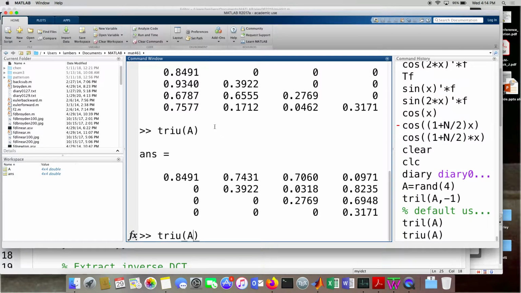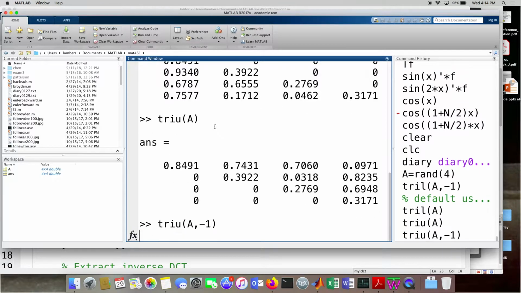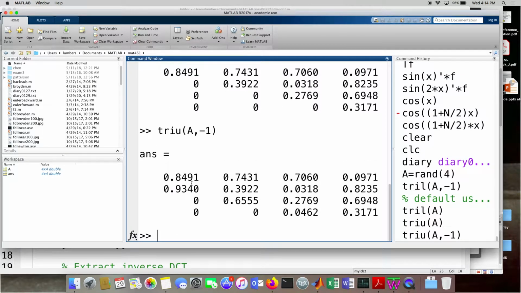So if I specify the same second argument of -1, it will take everything from that diagonal and above and keep it. So these are nice for constructing examples involving upper or lower triangular matrices.